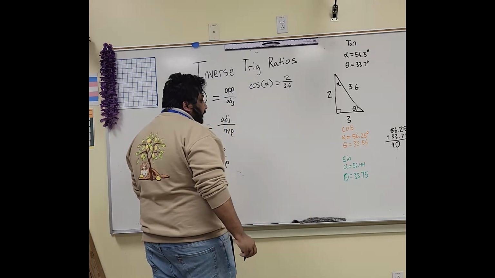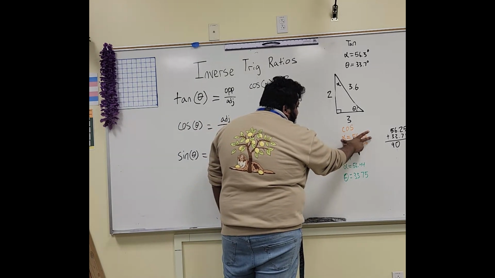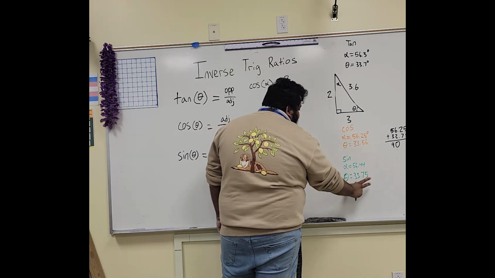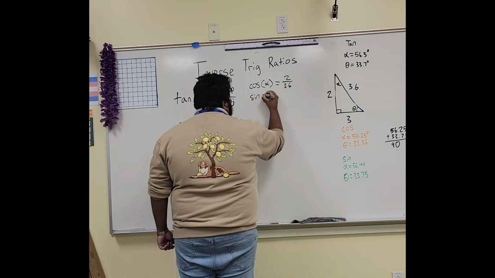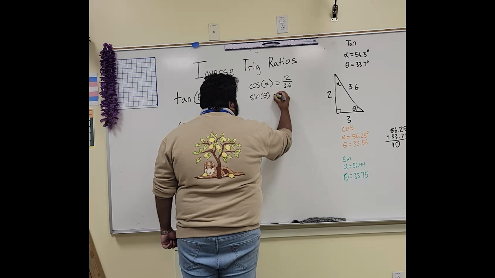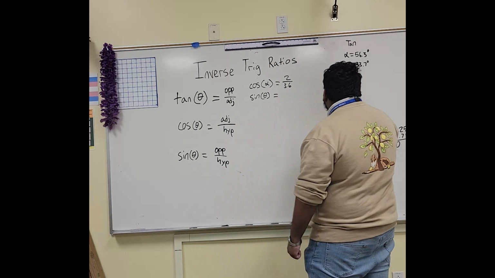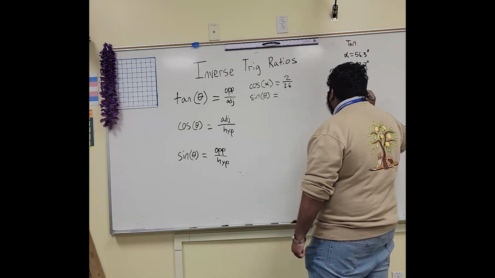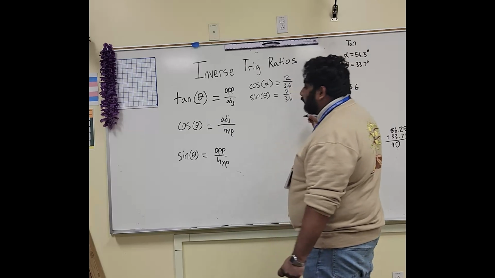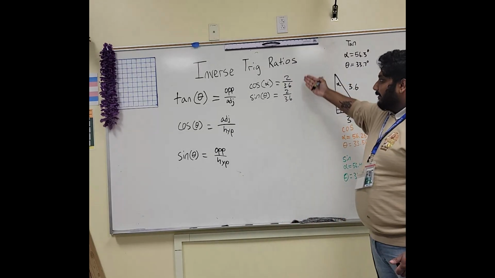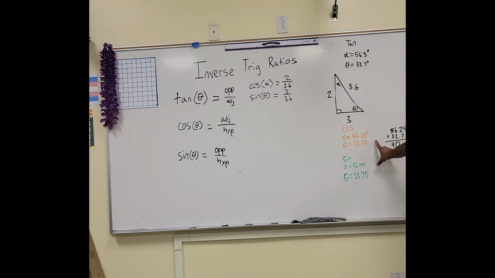Now let's do theta, right? Because this cosine of alpha, they gave us a complementary angle with sine of theta. Sine of theta, right, that's the opposite side over the hypotenuse. Oh, would you look at that? They have the same ratio. And they spit out complementary angles.